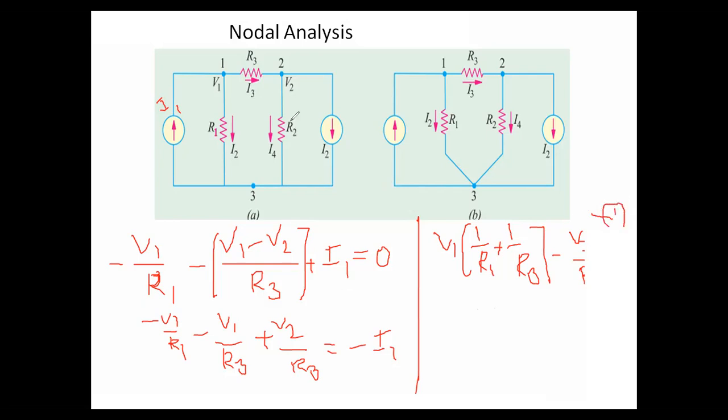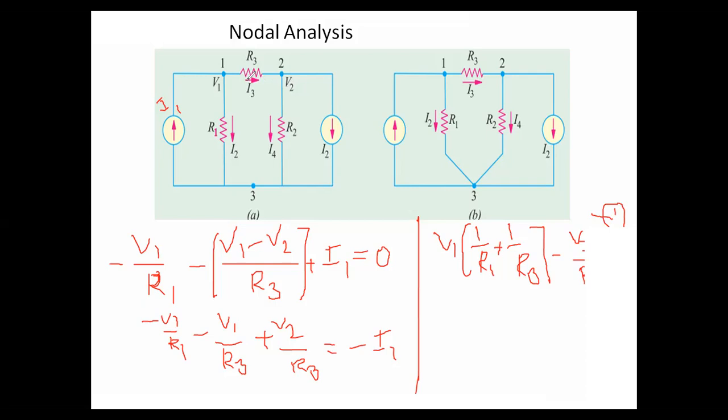This is one equation. Similarly, from the V2 node, this is the current in the opposite direction. From this, the V2 node, we can consider it as incoming current for this one. No problem. So for V2, this is the outgoing current, this is also outgoing current, this is the incoming current.